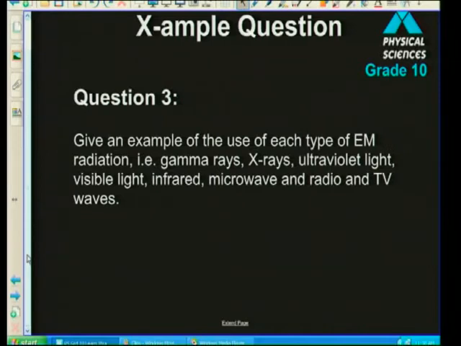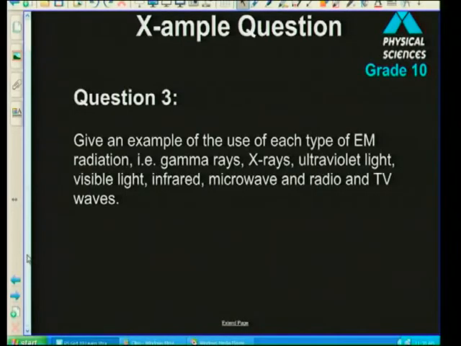First one is gamma rays, which we started with, we ended with gamma rays, so we're going the other way around. Gamma rays, of course, are used in medical equipment to sterilize medical equipment. X-rays, used to image bones and to take pictures of bone structures and to know if somebody's got a broken bone, that sort of thing.